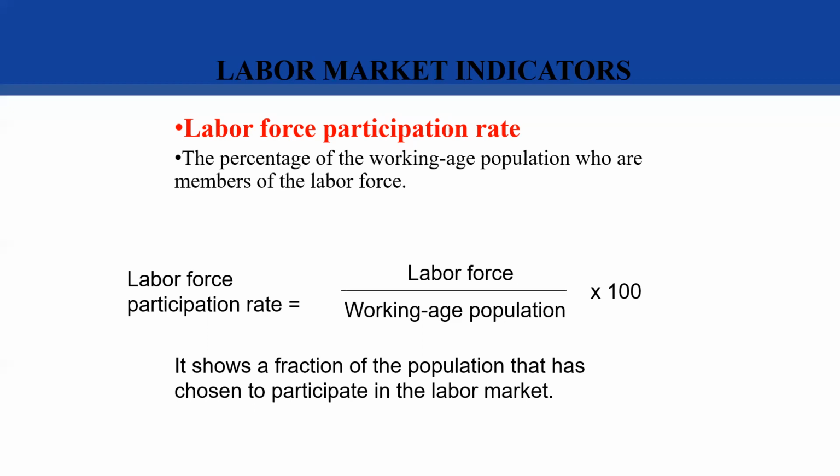So in the labor force, you have employed and unemployed. Okay. In the unemployment rate, however, we're just focused on unemployed people. Okay. And what is the percentage of the labor force that are not working? But the labor force participation rate is telling you what percentage of working age population are in the labor force. They could be employed or unemployed.